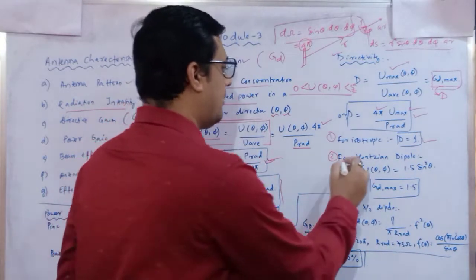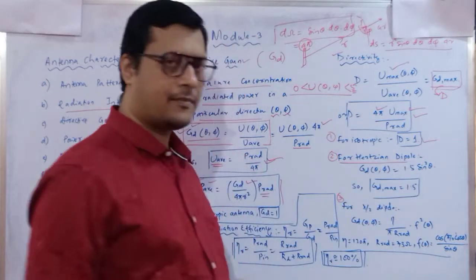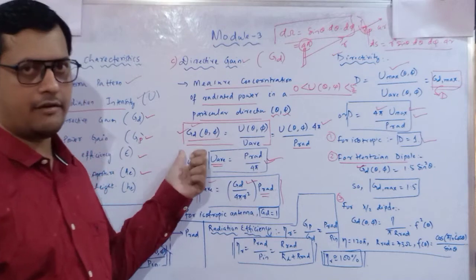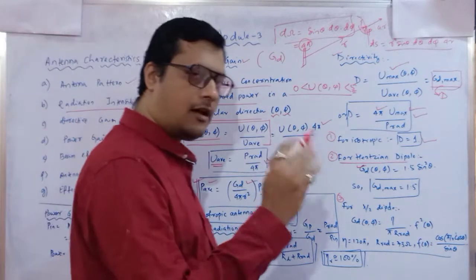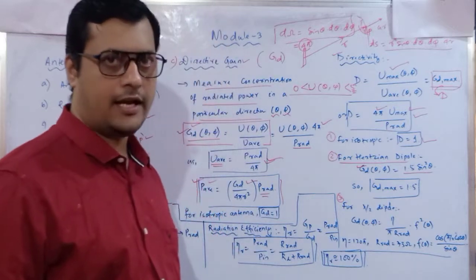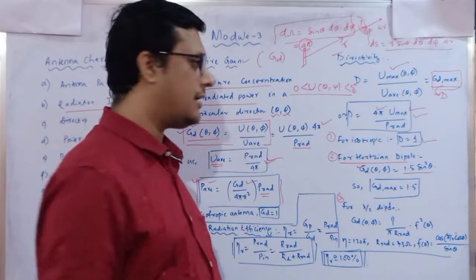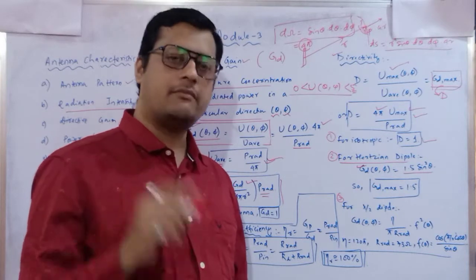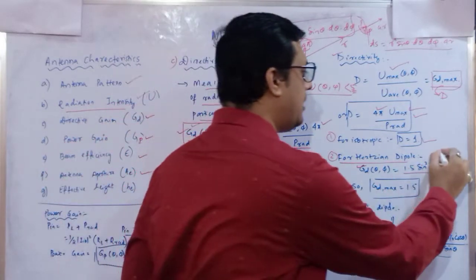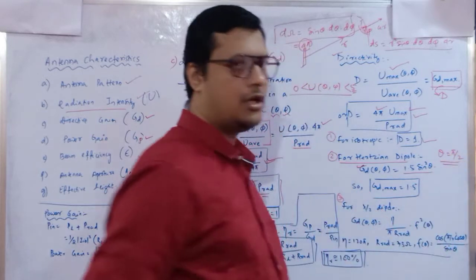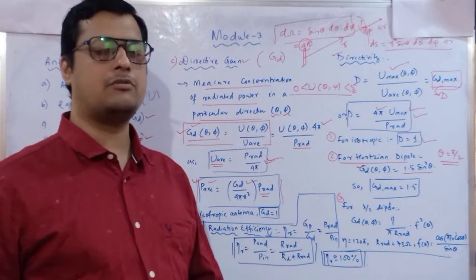So for the Hertzian dipole, the directive gain we have identified here, after solving, we will get 1.5 sine square theta. So what will be the maximum value of this? The maximum value will be obtained when theta is equal to pi by 2. So sine square of pi by 2 is 1.